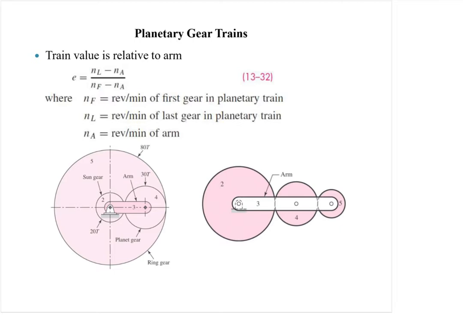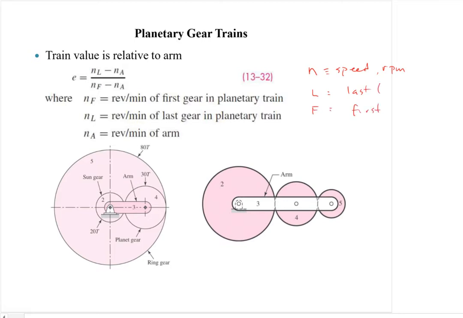So N sub L. Sorry, those are lowercase. These are speeds. So N is a speed in RPM, and L is the last, F is the first.